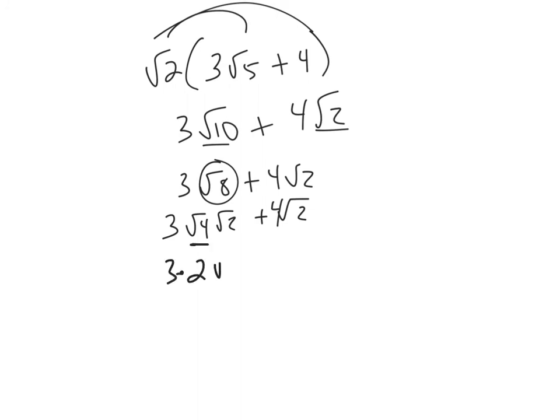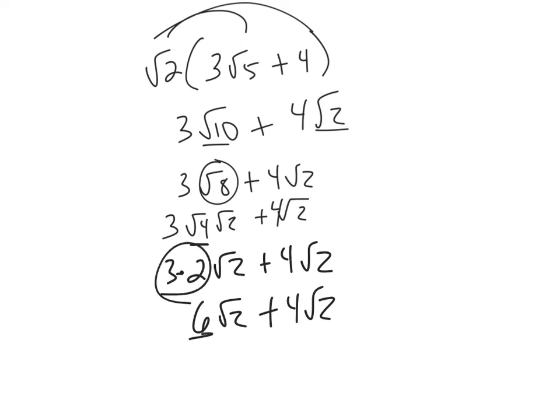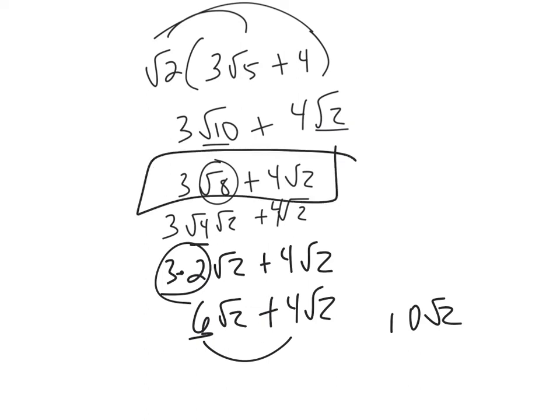This is 2 radical 2 plus 4 radical 2. So I got 6 radical 2 then plus 4 radical 2. Because 3 times 2 is this 6. So now 6 and 4 makes 10. Okay? So sometimes this would happen. You'd get this answer and then, oh, I have to reduce that. Okay? But if they're not reducible and not the same, I just leave it just like it is.